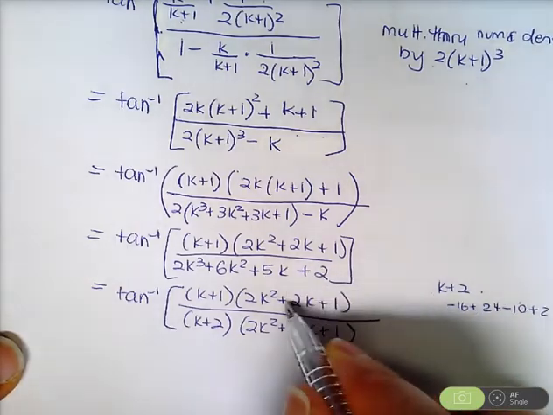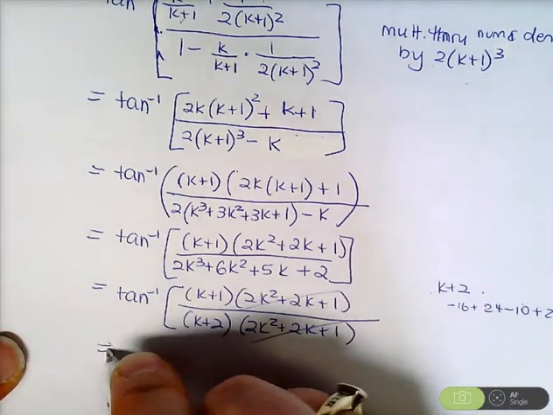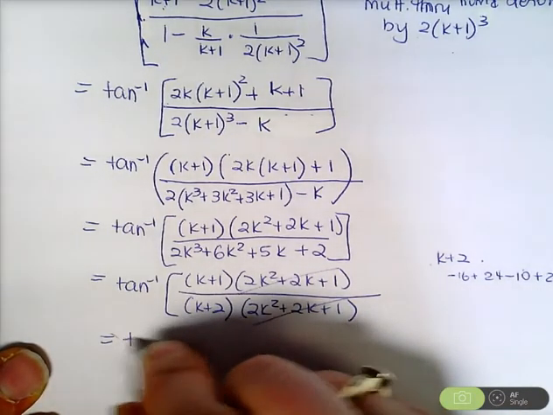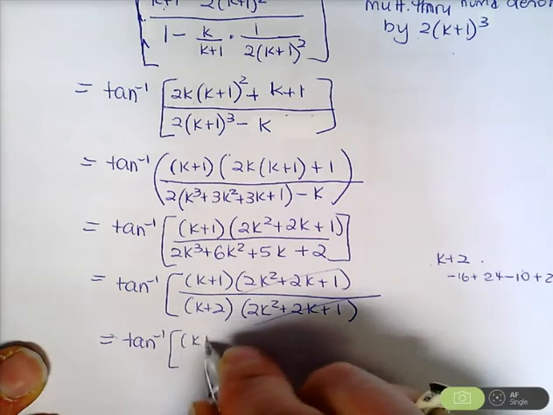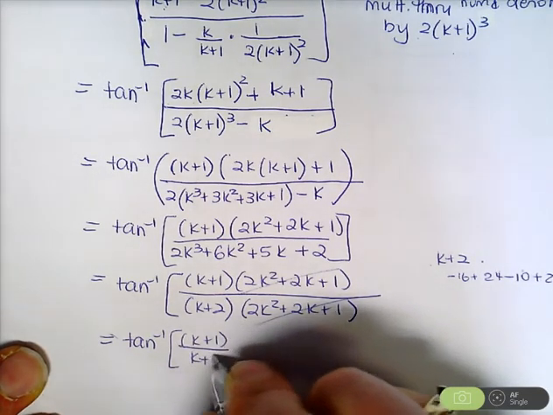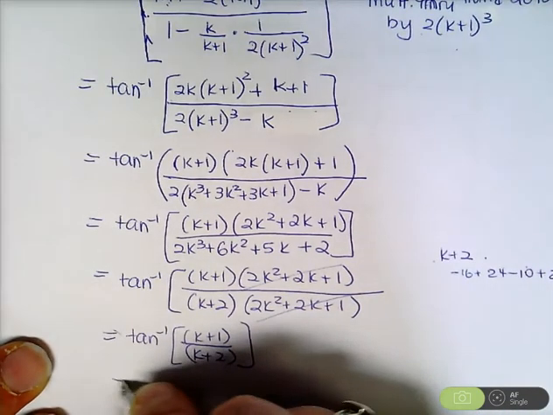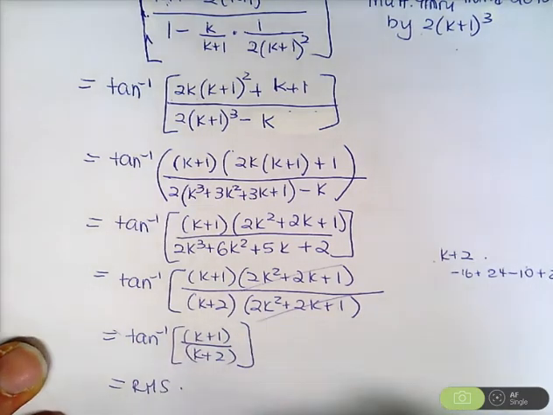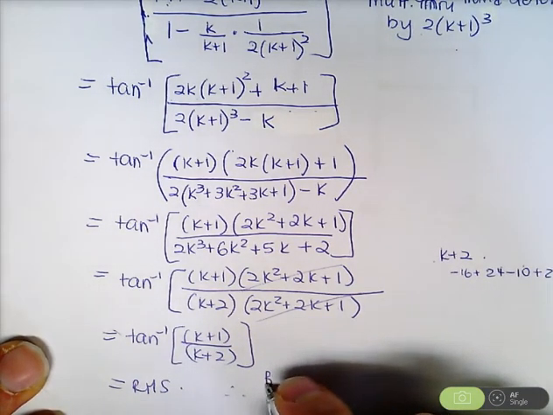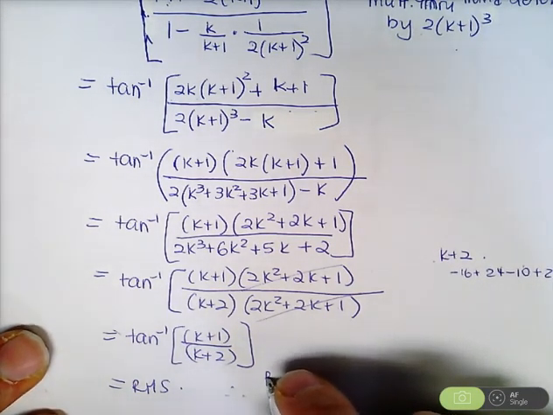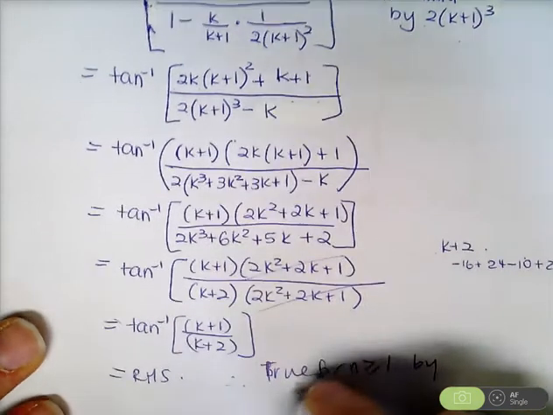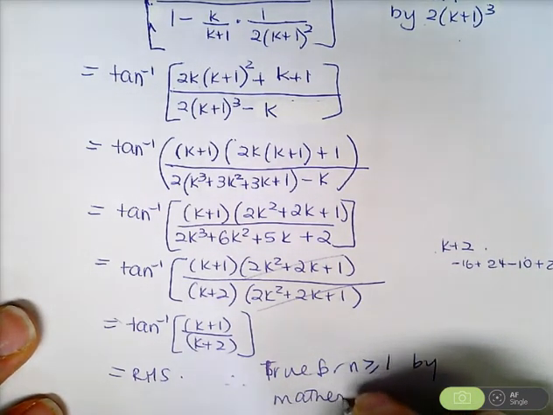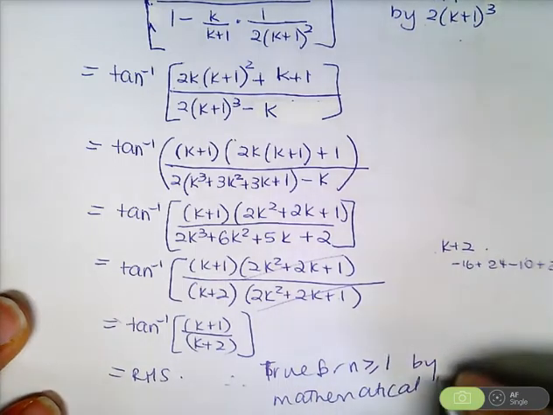So therefore this factorization is correct, and cancelling those common factors, we get inverse tan of k plus 1 over k plus 2, which equals the right hand side. So therefore it is true for n greater than or equal to 1 by mathematical induction.